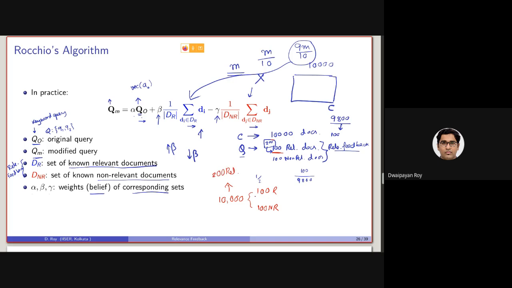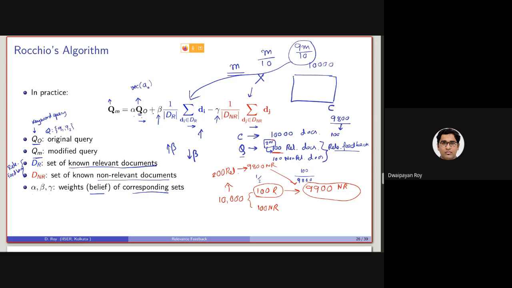Now, if we consider all the documents except these 100 relevant documents as non-relevant, then we are considering 9,900 documents as non-relevant. But actually, the number of non-relevant documents is 9,800. So 100 relevant documents are being counted here.